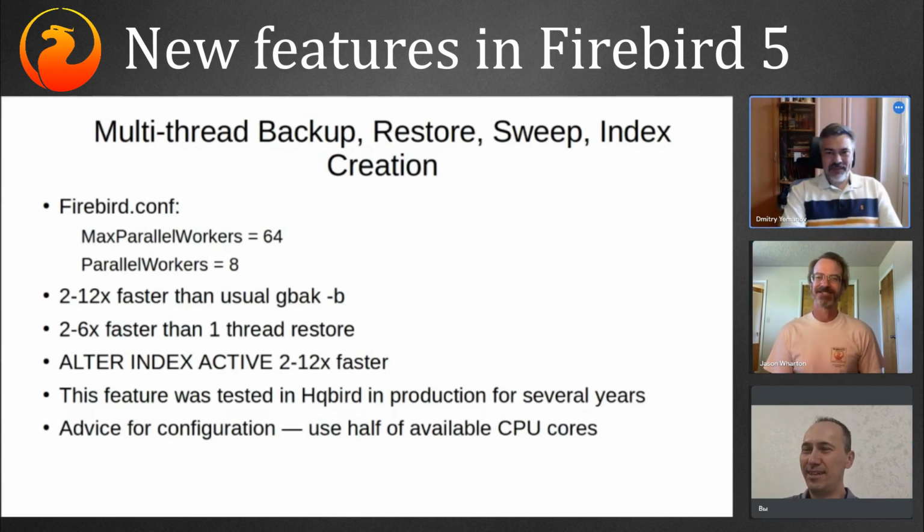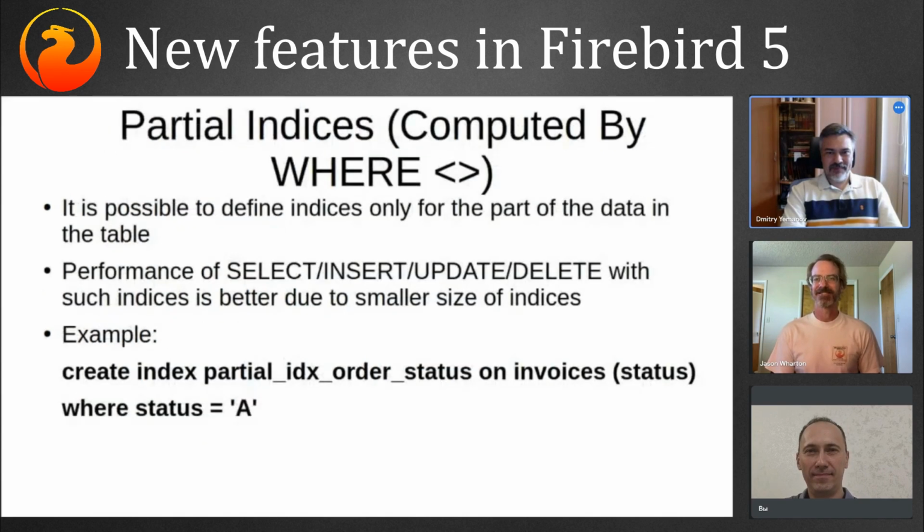Okay. Let's do next. Support for partial indices. They are actually an index that handles only a subset of the whole table. So you define some where condition, and only records that match this condition will be indexed.